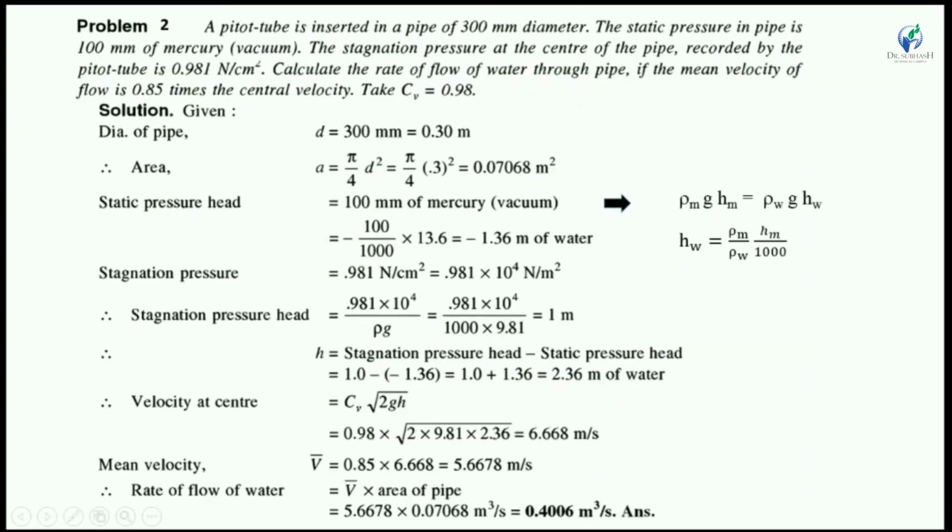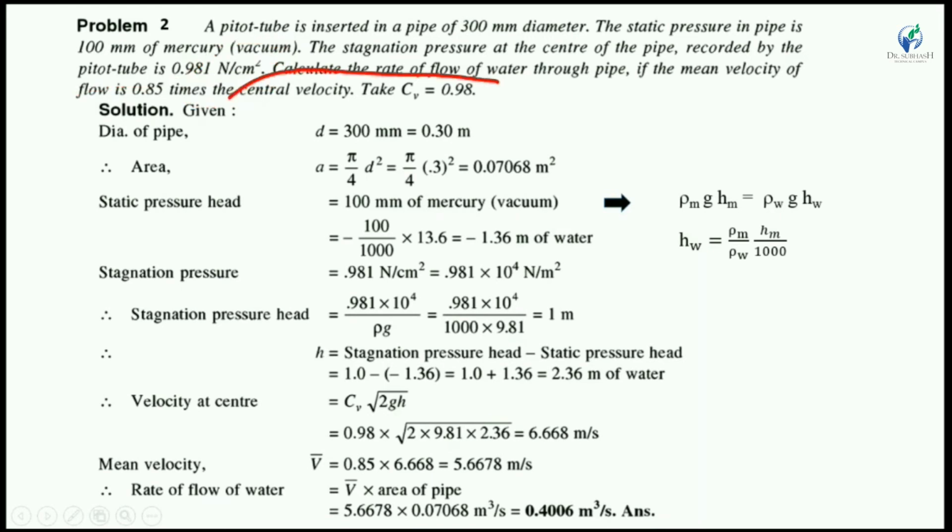Now solve the second example, Pitot tube. A Pitot tube is inserted in a pipe of 300 mm diameter. The static pressure in the pipe is 100 mm of mercury vacuum. The stagnation pressure at the center of the pipe recorded by the Pitot tube is 0.981 Newton per centimeter square.